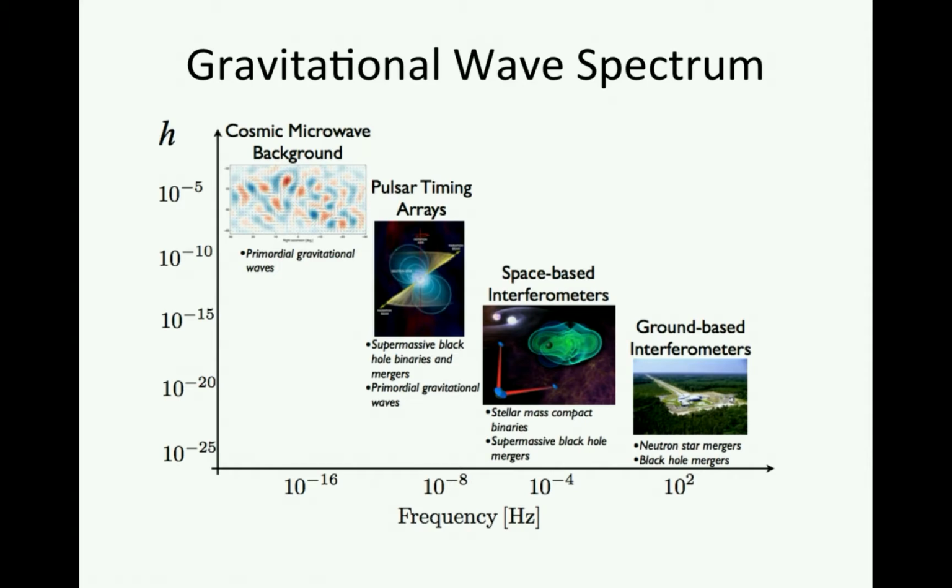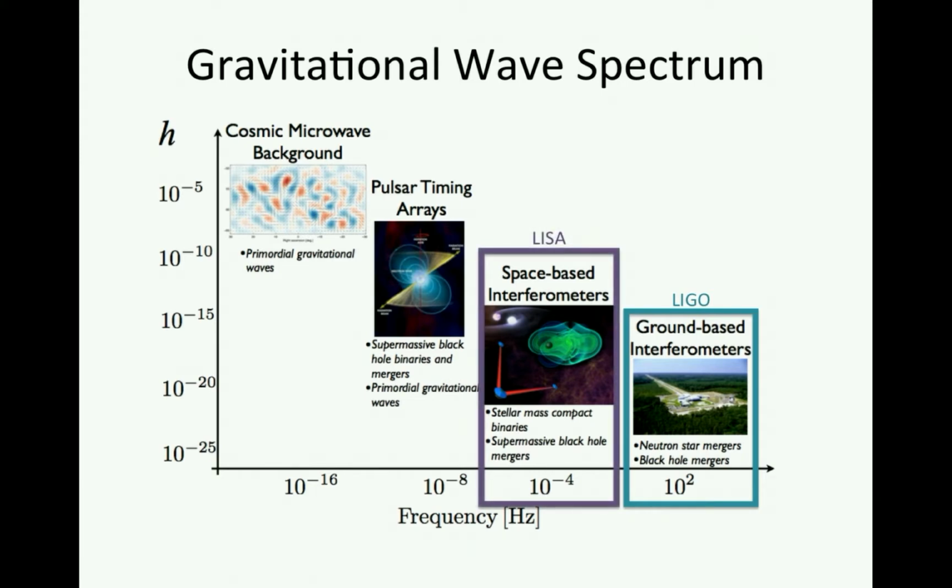On the y-axis is shown the gravitational wave strain, which is a measurement of the amplitude of the gravitational waves. The groundbreaking discovery made by LIGO was observed in this portion of the gravitational wave spectrum. In addition to LIGO's ground-based observatory, there are also plans for LISA, a space-based laser interferometer gravitational wave observatory.